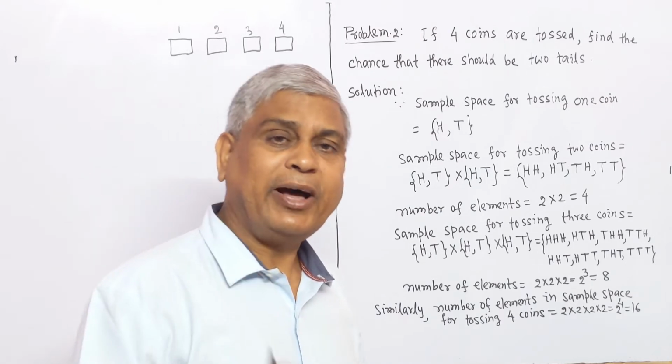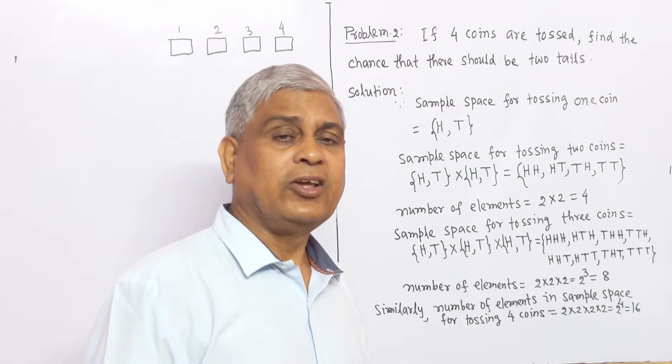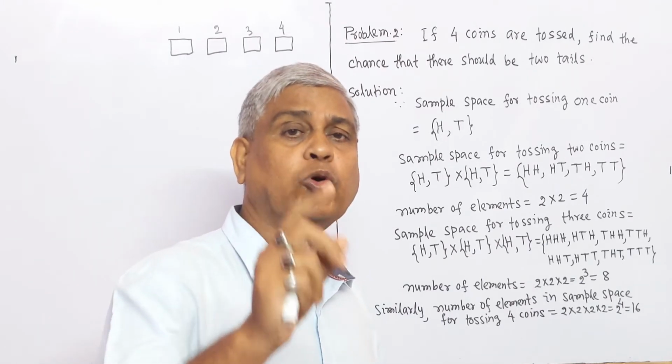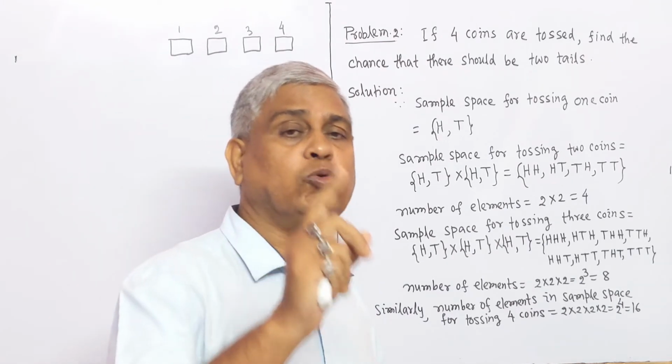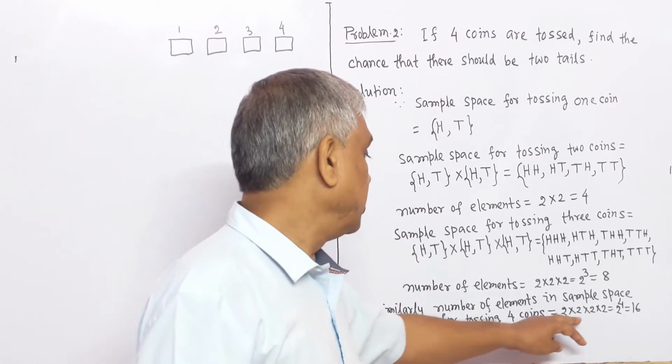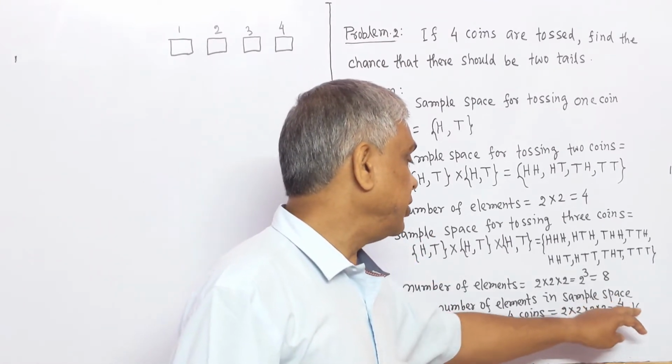Similarly, number of elements in a sample space for tossing 4 coins will be 2 multiplied by 2 multiplied by 2 multiplied by 2, that is 2 to the power 4 equal to 16.